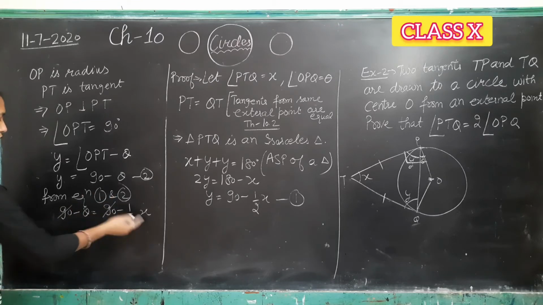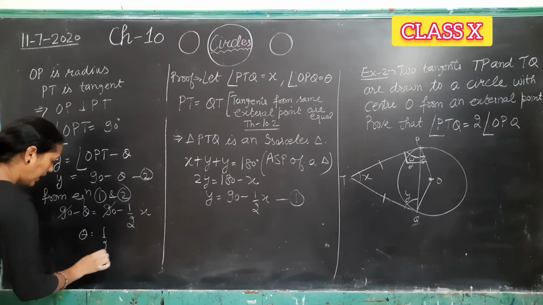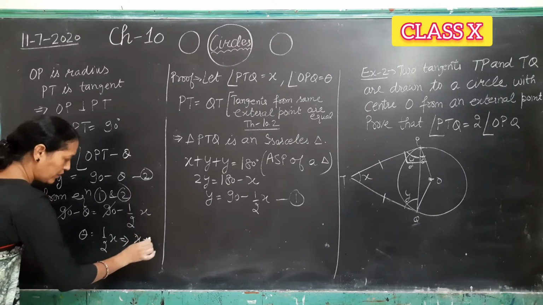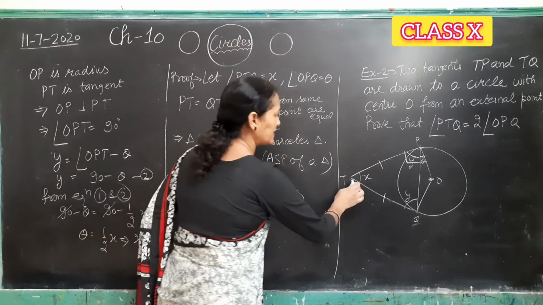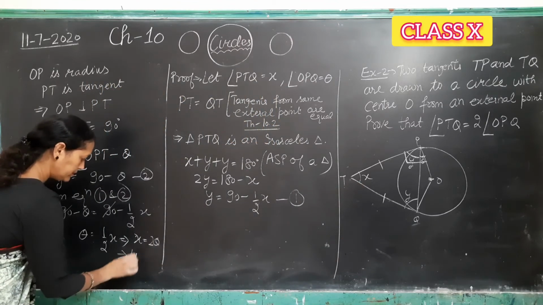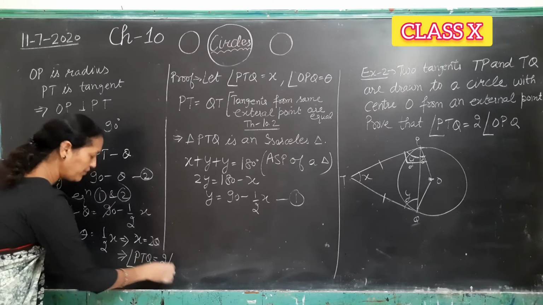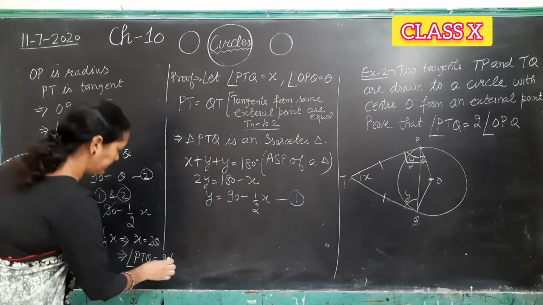Cancelling the negative sign, we have theta is equal to half of x. Shifting 2 to this side, we will have x is equal to 2 theta. That means what? X, what we have taken, is PTQ, is equal to double of theta, means OPQ.